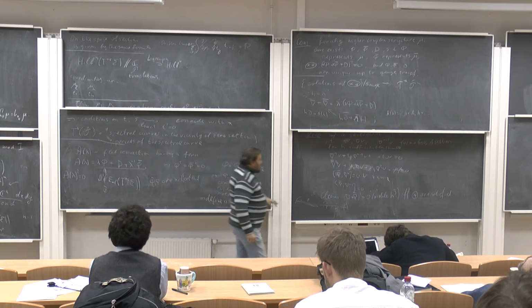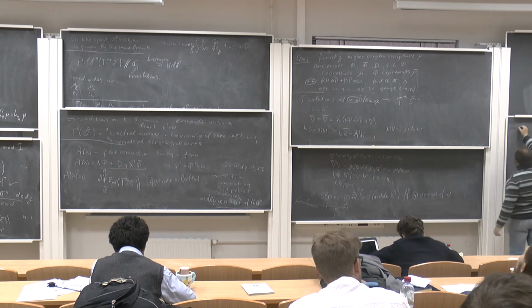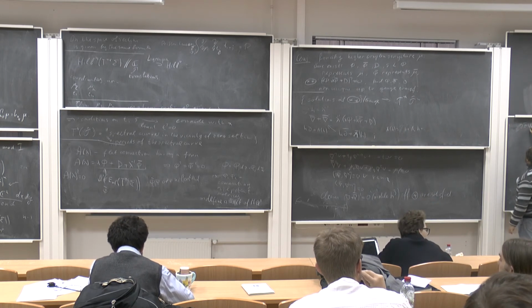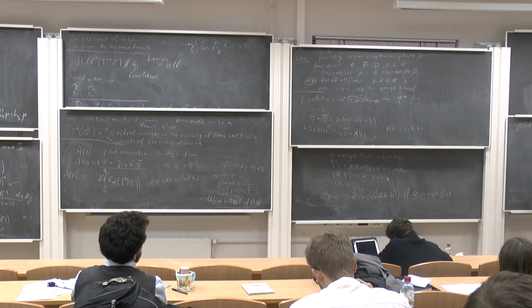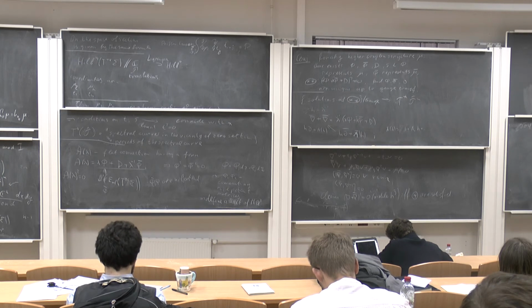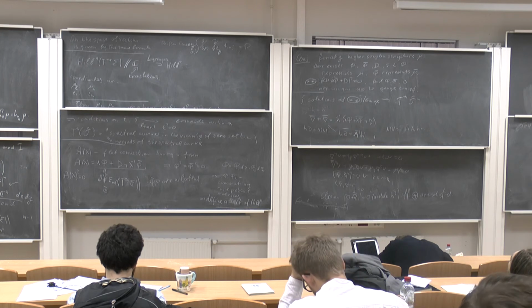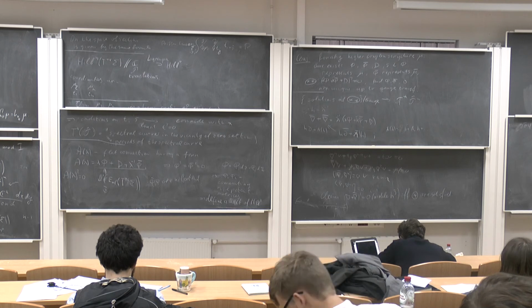For SL2, this equation is equivalent to this famous Teichmüller equation, which is e to the phi, dd bar phi plus e to the phi equals e to the phi plus tt bar e to the minus phi, where this equation has solutions only for the integral of tt bar sufficiently less than 2 pi times the Euler characteristic of the surface.